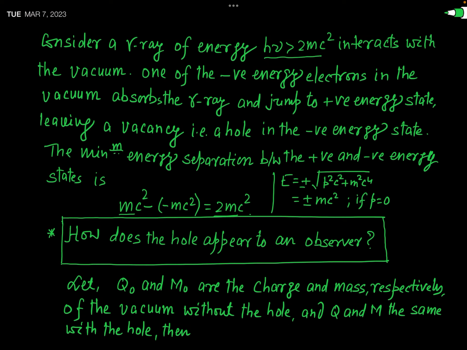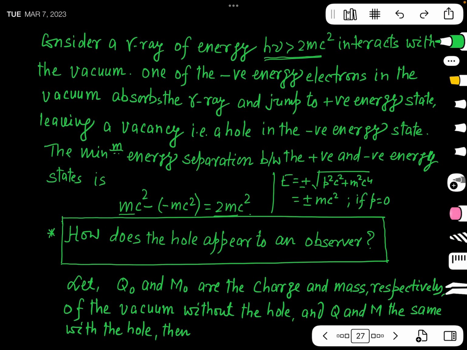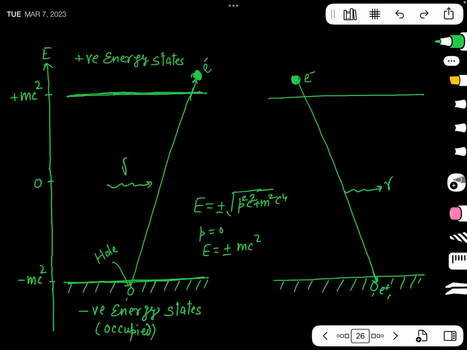So if we consider that the energy of a gamma ray is greater than this 2mc², and that it interacts with the vacuum, which means it interacts with the negative energy state, what will happen?